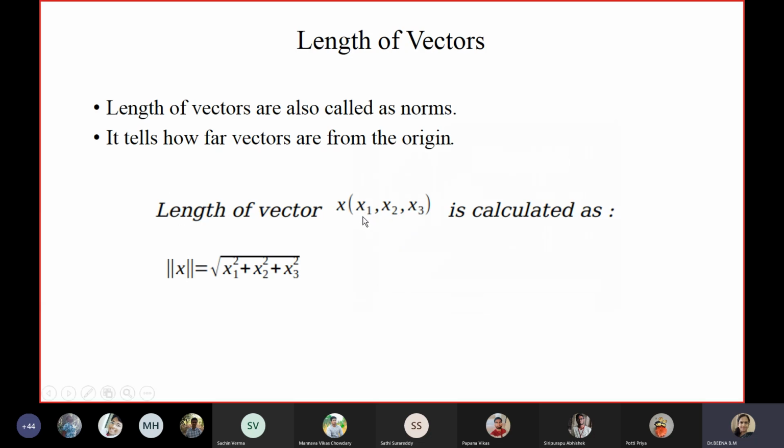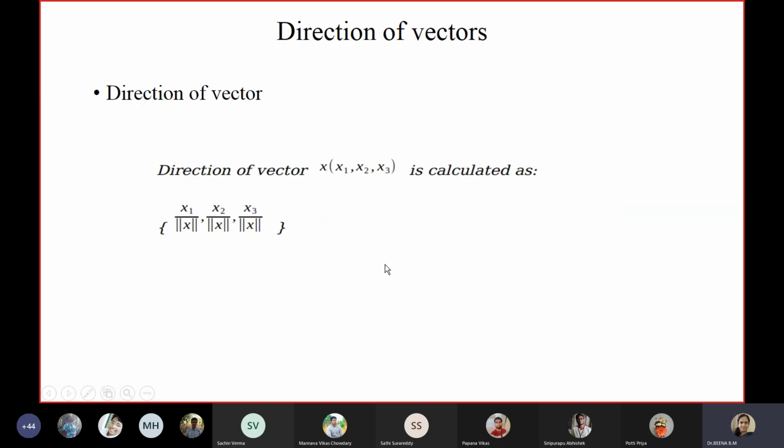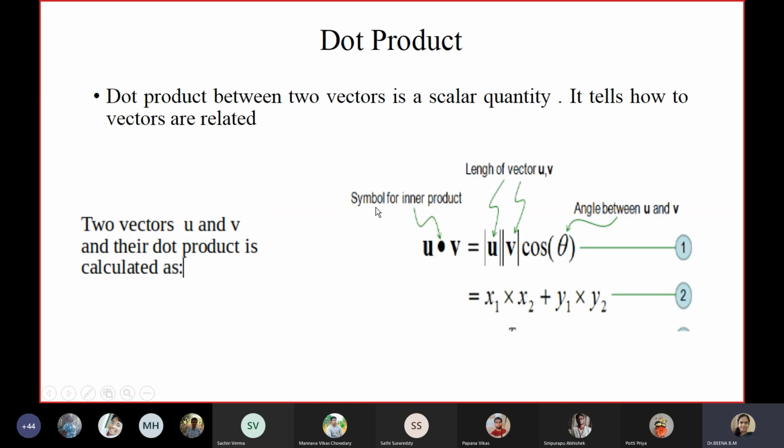You take different samples, x1, x2, x3. In this particular case, he is taking only 3 samples, and is finding the modulus of x, which gives the length of the vector. And the direction of the vector is calculated as x1 divided by modulus of x, x2 divided by modulus of x, x3 divided by modulus of x.